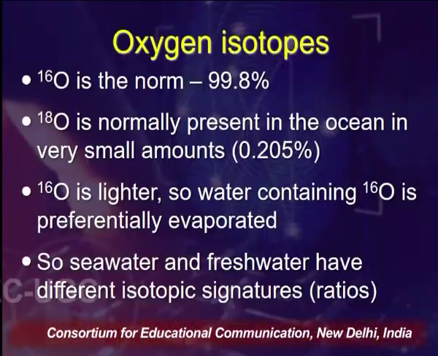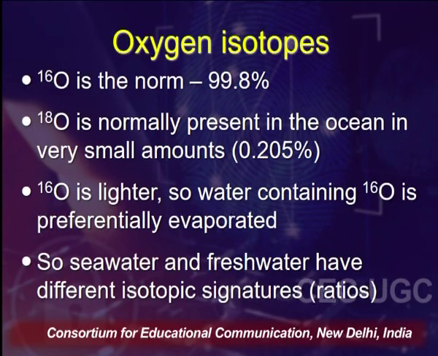The elements majorly used in stable isotope studies are carbon, nitrogen and oxygen. Oxygen 16 is the norm, as we have studied, present around 99.8%, but the 18th isotope of oxygen is present in the ocean in very small amounts, only 0.2%. 16 is lighter and 18 is heavier.